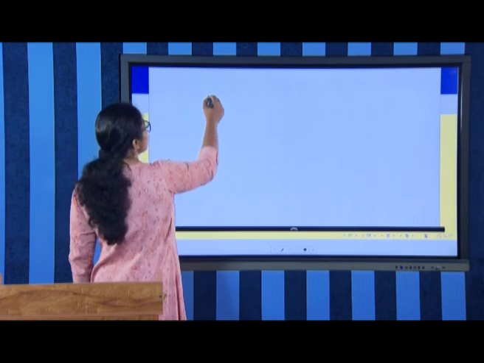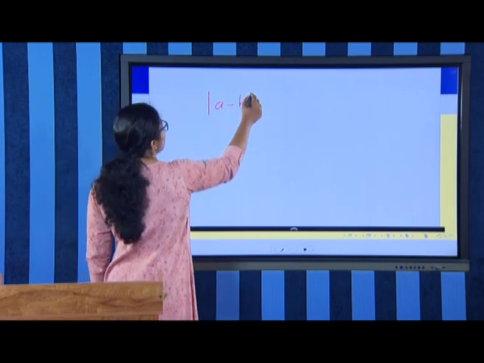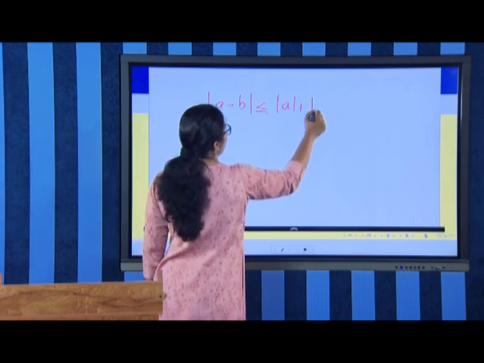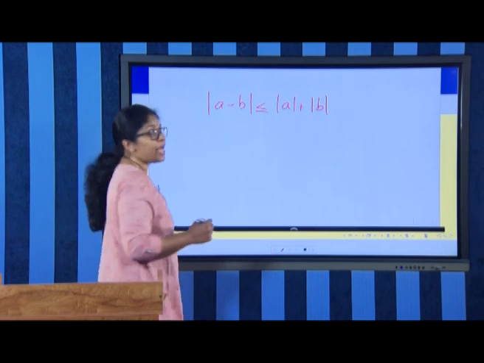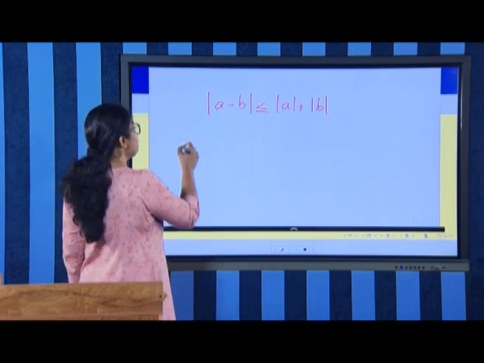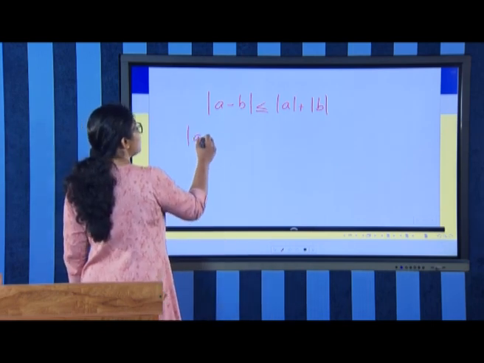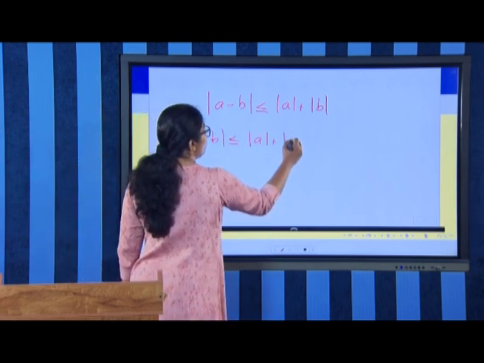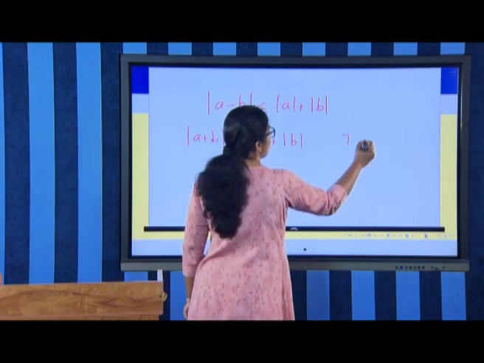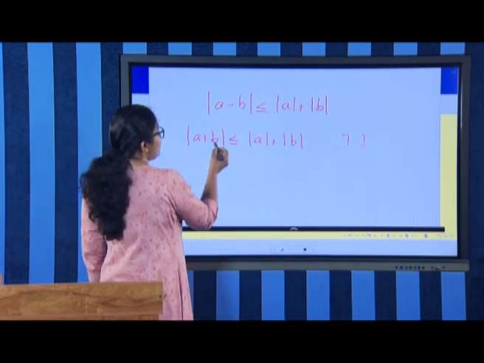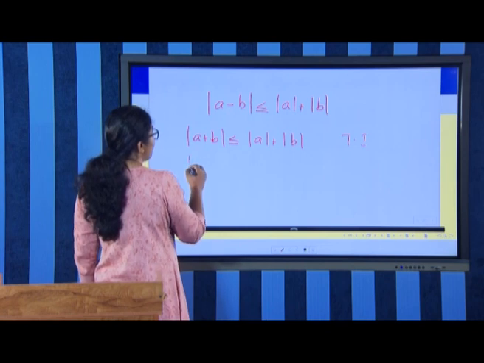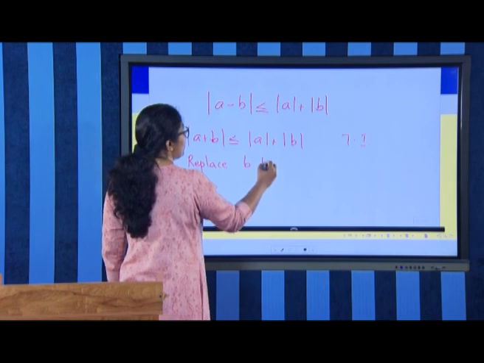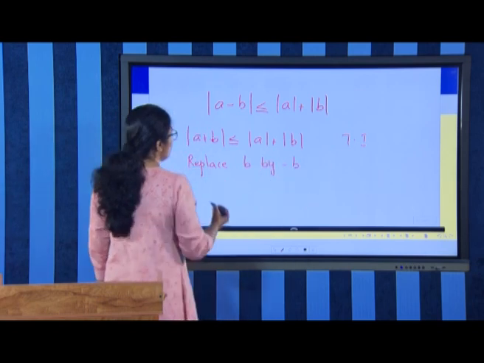And the last part was modulus of A minus B is less than or equal to mod A plus mod B. This follows directly from the triangle inequality, where we have modulus of A plus B is less than or equal to mod A plus mod B. Replacing this B by negative B, what do we have?